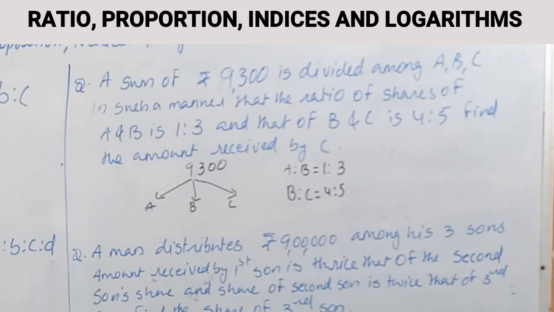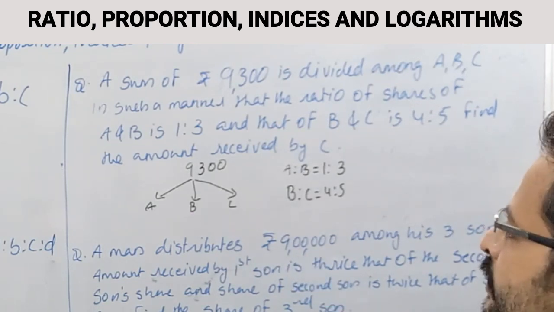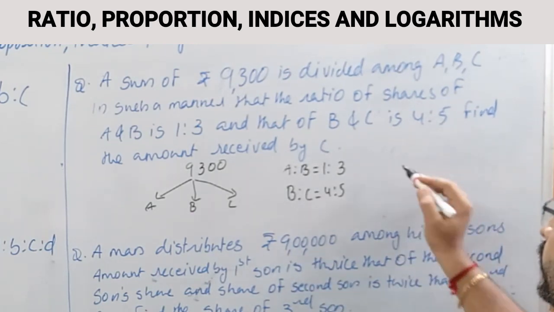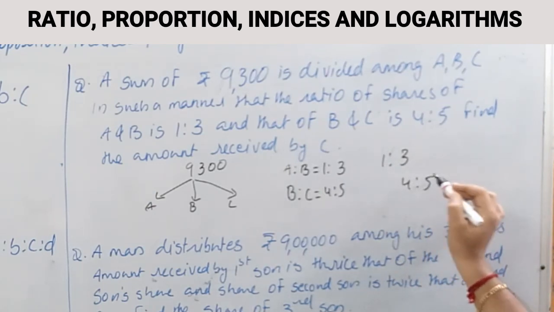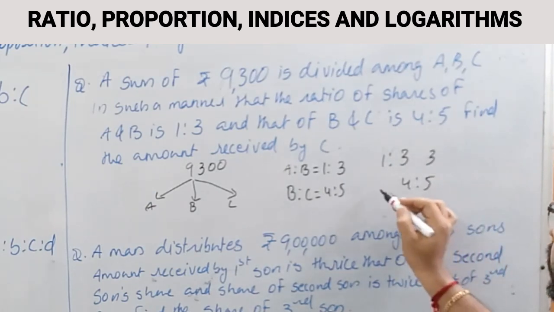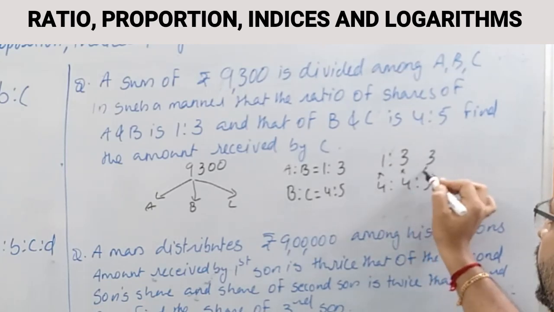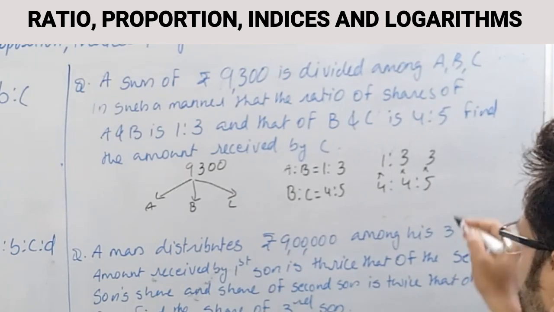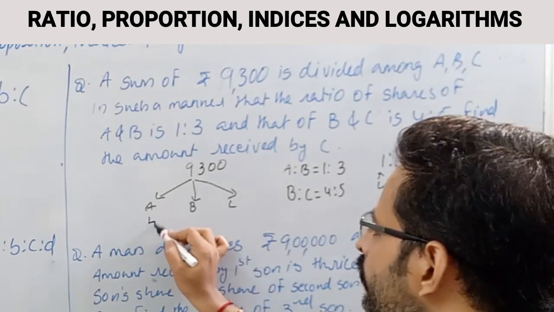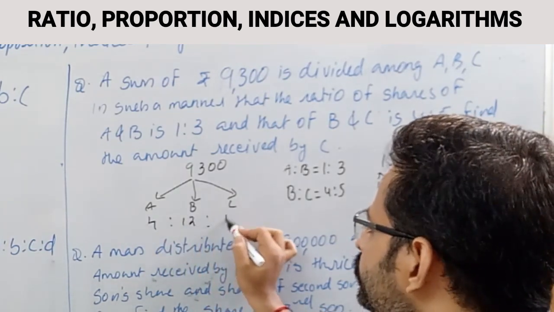Find the amount received by C. That means we have to compute A is to B is to C. Then again using the formula, 4 is to 5, here 3, here 4, multiplying, we will get the ratio as 4 is to 12 is to 15.